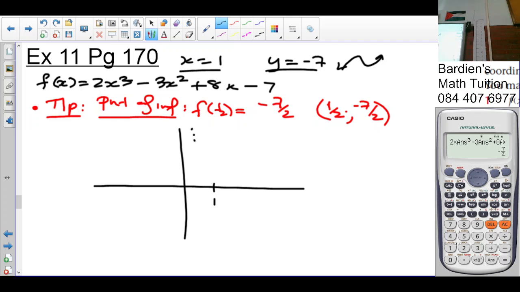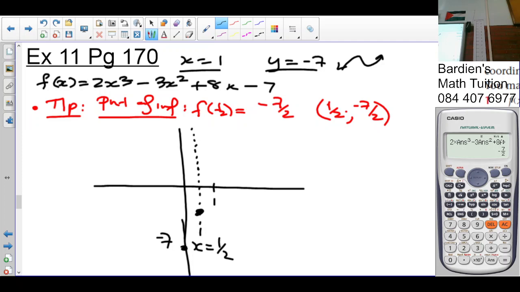At x is a half, the corresponding y value is negative 7 over 2, which is the half of negative 7, so it's halfway there.